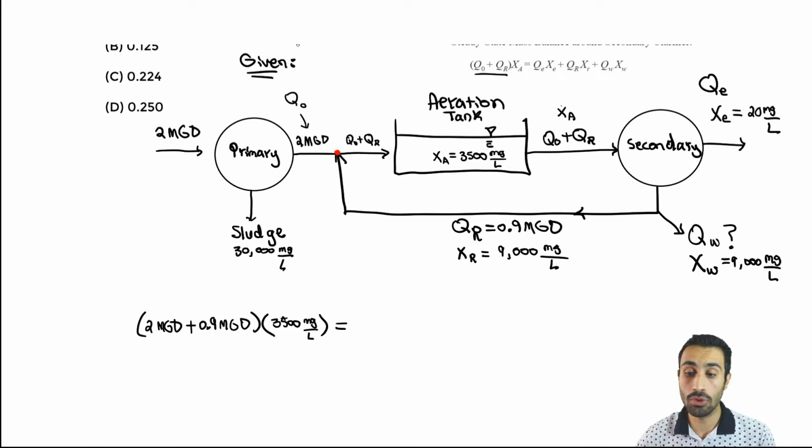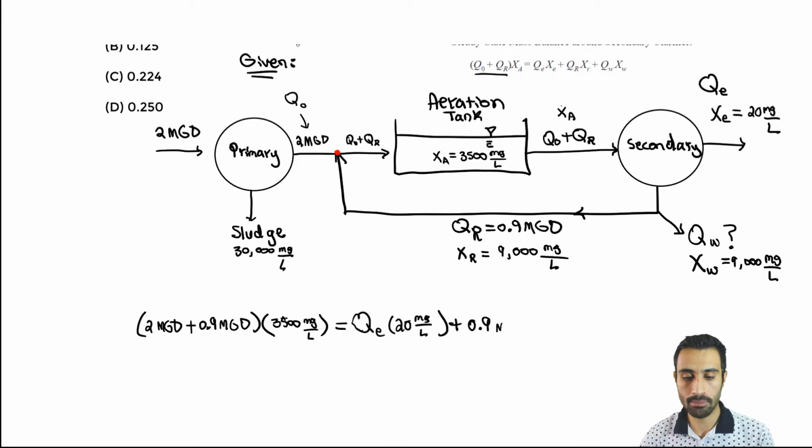What comes out is going to be the QE, XE, QW, XW, QR, XR, and that's what's denoted. So we know QE is going to be a value that we do not have. So let me keep it there. We can get that though. Then we would do XE is going to be 20. That's given. Milligram per liter. Then we take that time plus QR, which is 0.9.